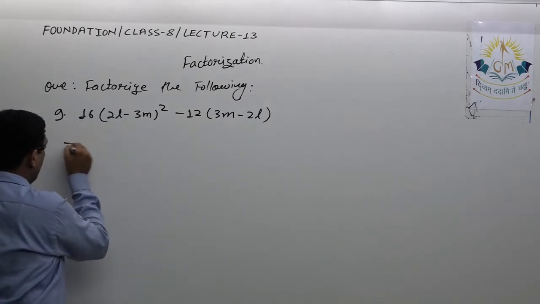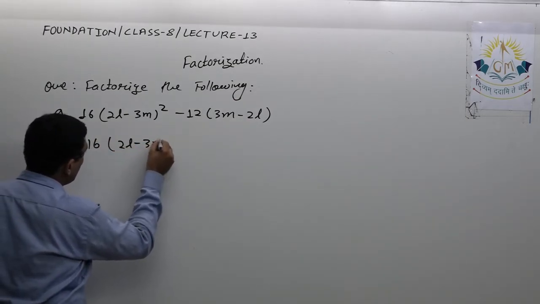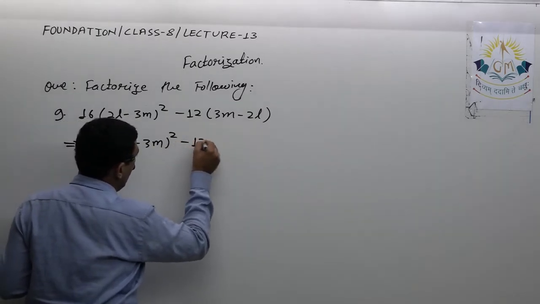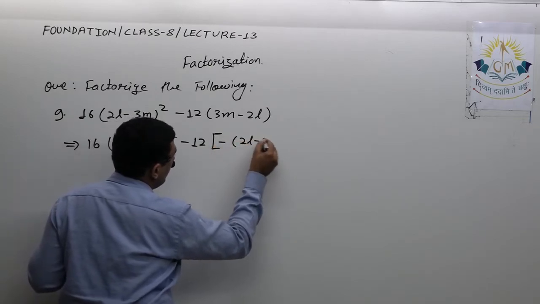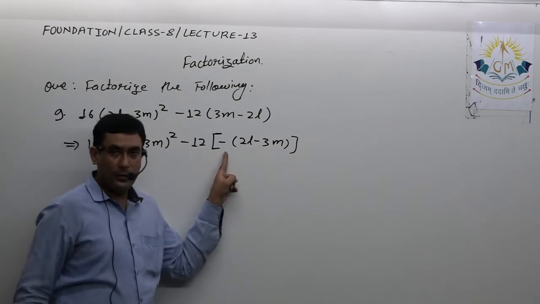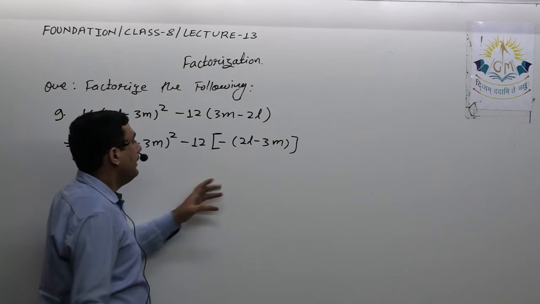So here I will start with 16, and I write as it is (2l minus 3m) whole square minus 12, and here I am writing minus of (2l minus 3m). Okay, I took the minus sign outside the bracket and interchanged the sign of the terms within the bracket. Why am I doing so?